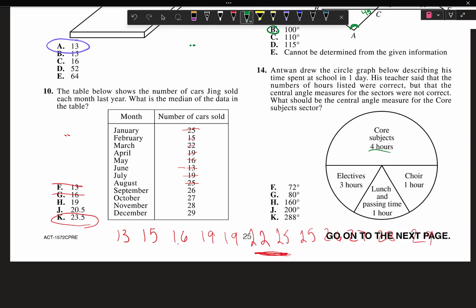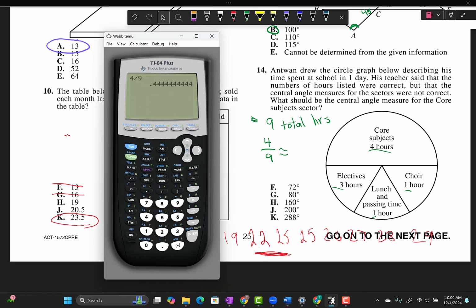But if we add up the numbers, 4 plus 3 plus 1 plus 1, that is 9. So there's 9 total hours, and 4 of them are on the core subjects. So what is 4 divided by 9 equivalent to?